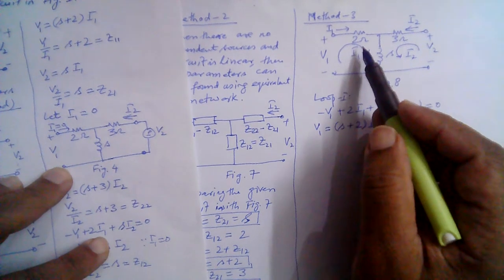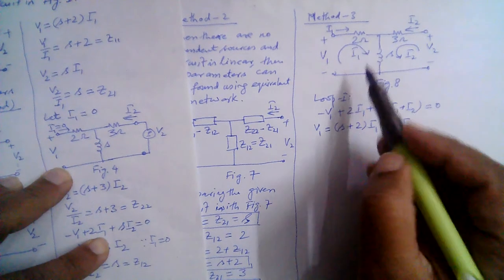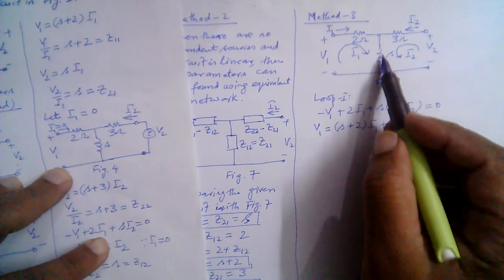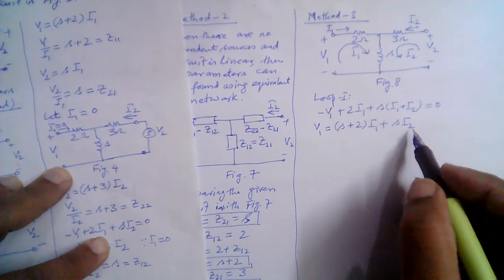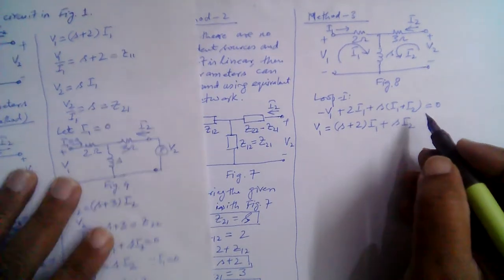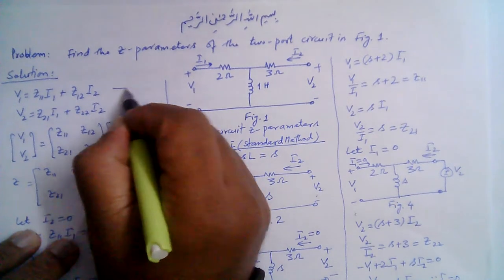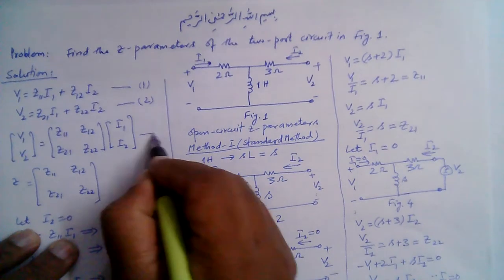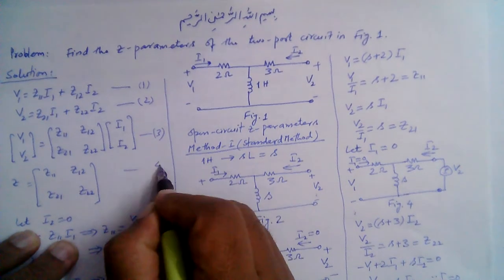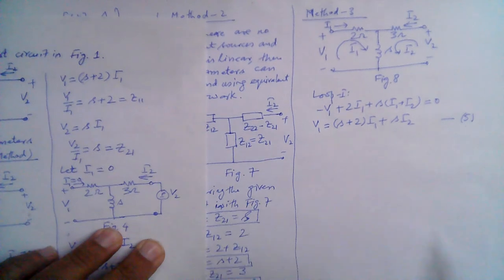By inspection, the total impedance in the first loop is S plus 2, so S plus 2 I1. Then the common impedance is S, and the currents are in the same direction, so the sign is positive, so S I2. Let me call this equation number 1, this as equation number 2, this as 3. In fact, these are the same. So 4, and let me call this equation number 5.